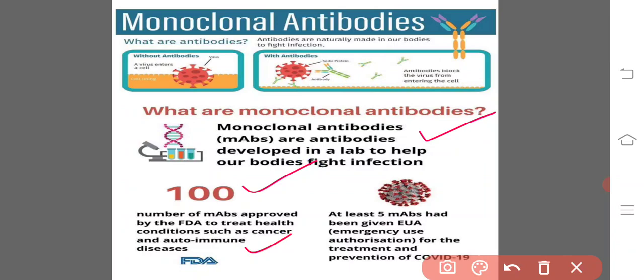At least 5 monoclonal antibodies have been given EUA, emergency use authorization, for the treatment and prevention of COVID-19. So this is the COVID virus, and these are the epitopes, spikes, and these are the monoclonal antibodies which are used to control the virus.